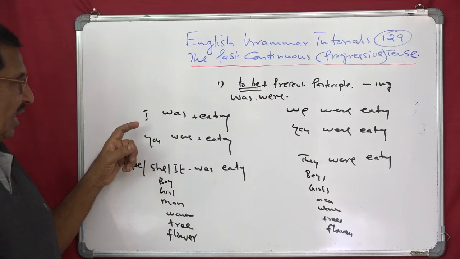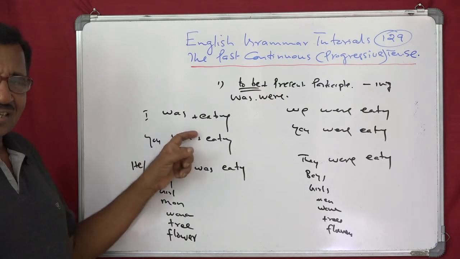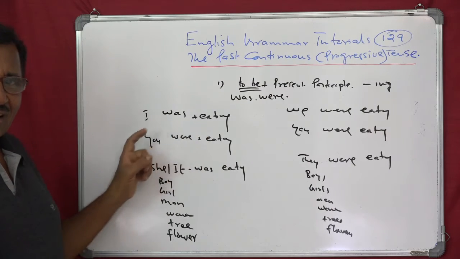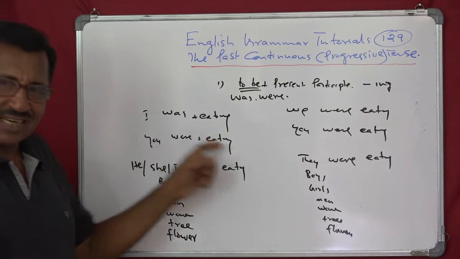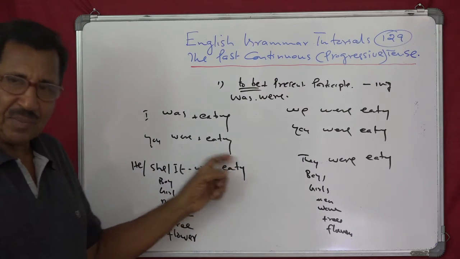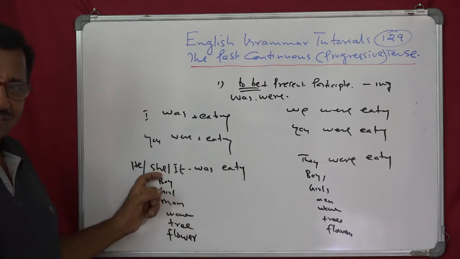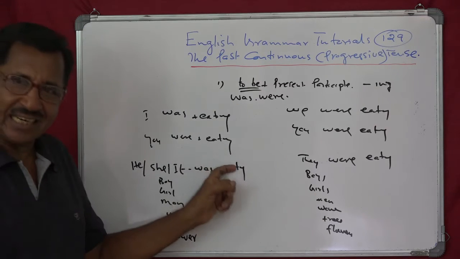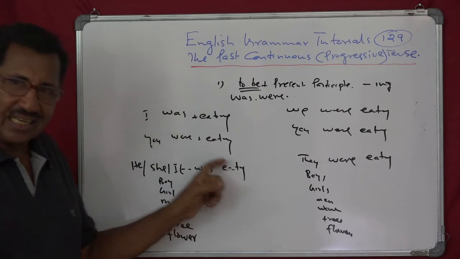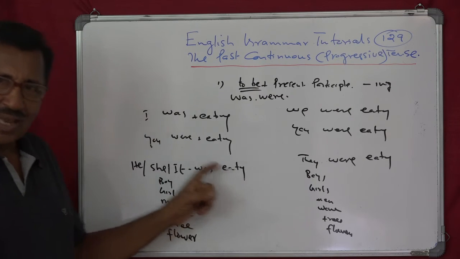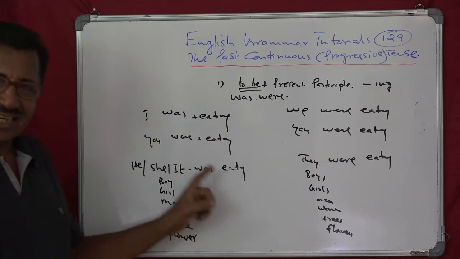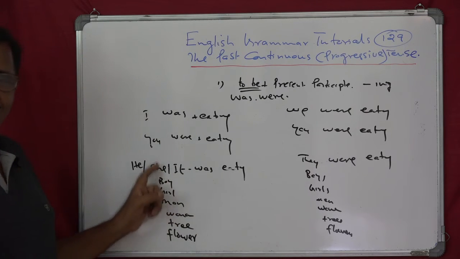So for example, I was eating, I was drinking, I was looking, I was reading, I was jumping, I was running, I was sleeping, I was going, I was studying, I was thinking, I was laughing, I was sitting, I was standing, I was walking.